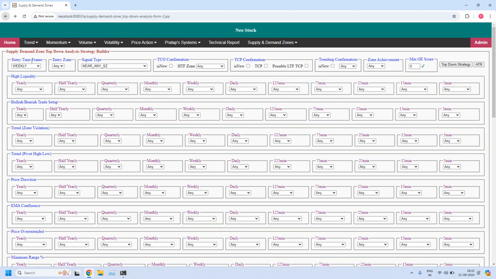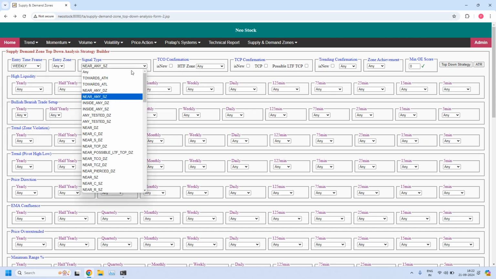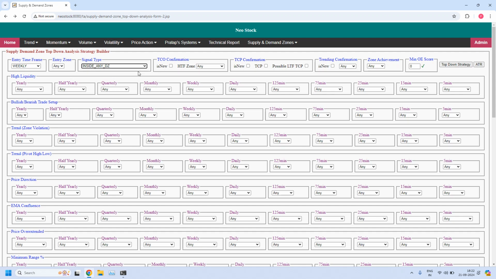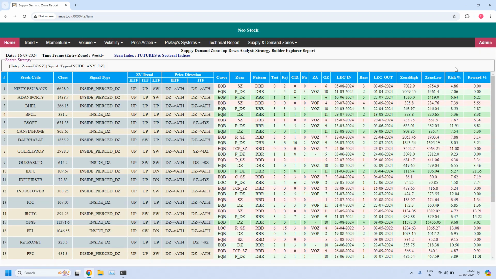In the next report for the weekly time frame, let us find the stocks where price closed inside the weekly demand zone. We got a good number of stocks. Let me scroll the list down.